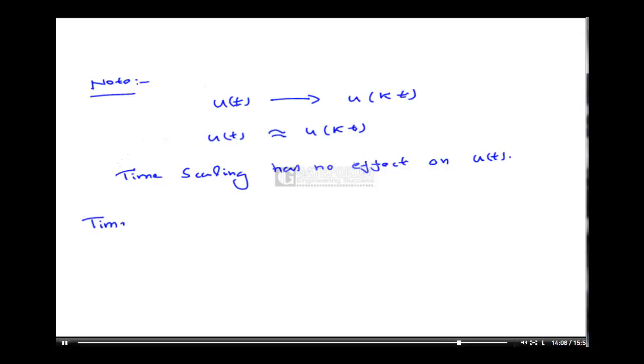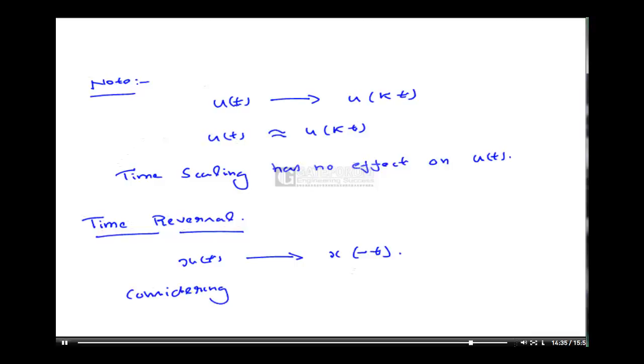Okay. Another operation which we do on time is time reversal. Time reversal operation is nothing but making x t to x of minus t. Okay. When I do this, it is nothing but considering the y-axis as a mirror, and drawing x t on the other side.